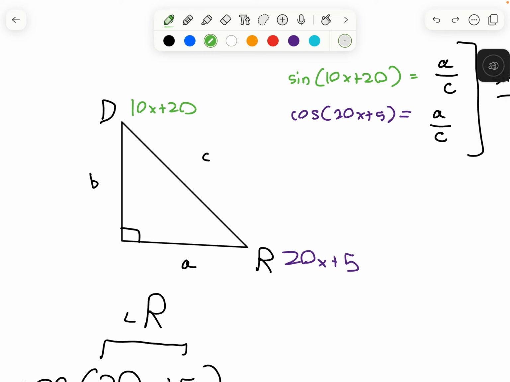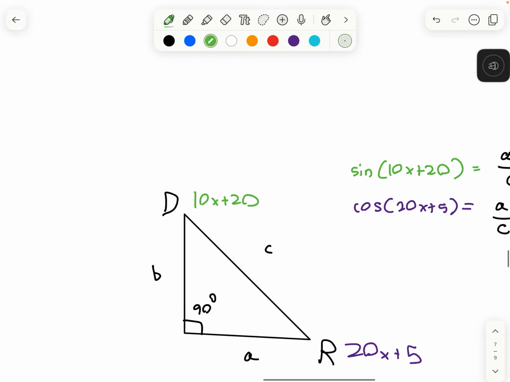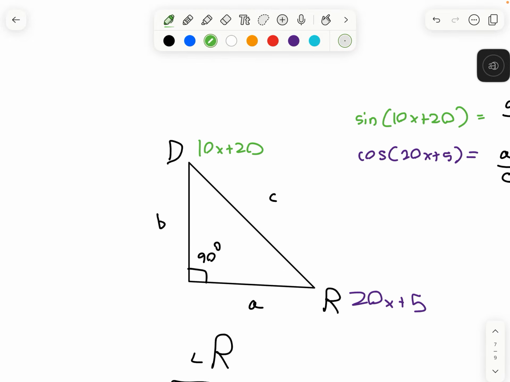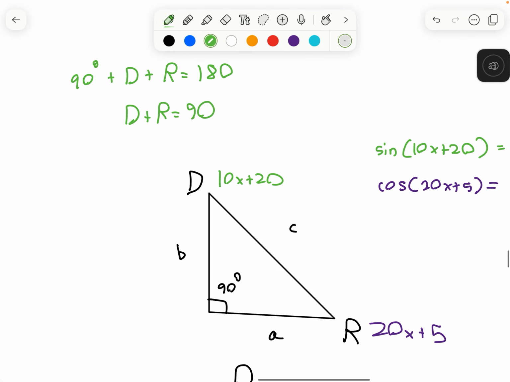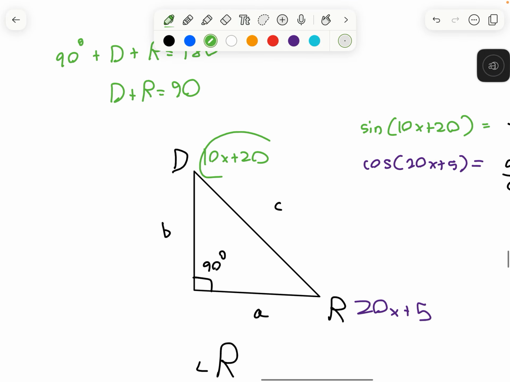So therefore, you know that in a right triangle, this is 90 degrees. Remember that the sum of all angles in a triangle adds up to 180. So that means 90 degrees plus angle D plus angle R equals 180. Therefore, D plus R equals 90. Well, we know what D and R are: 10x plus 20 and 20x plus 5.